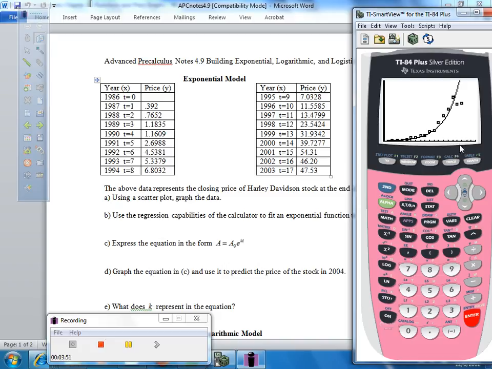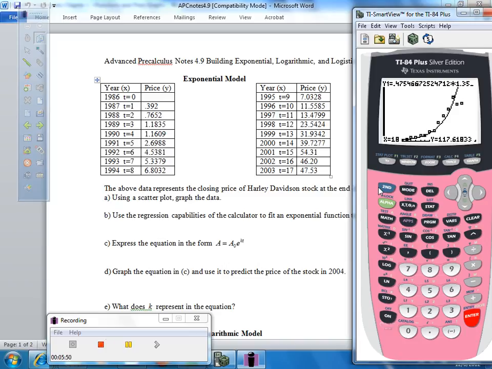2004 should be really, really big, which is probably not right because you're following this exponential curve. Really what the stock probably does is slow down. Exponential stuff starts kind of slow, but then it goes up faster and faster. From here to here, it is more than doubling in 1 year, even though it starts off not going up by that much.